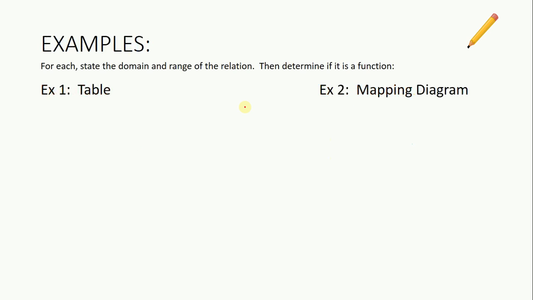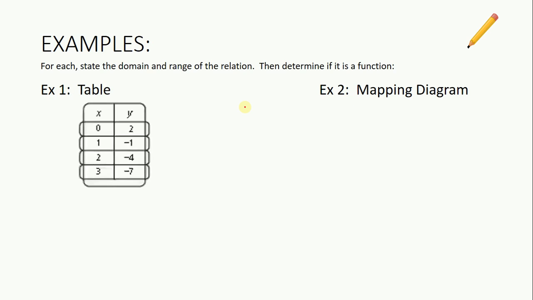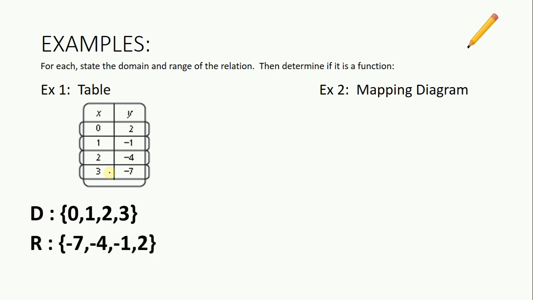So, some examples in the math world. Let's first state the domain and range, and then determine if it's a function. So this first example, I have a table. My domain is my x values, remember, 0, 1, 2, 3. My range will be the y values. Notice, guys, how I put them in order: -7, -4, -1, and 2.